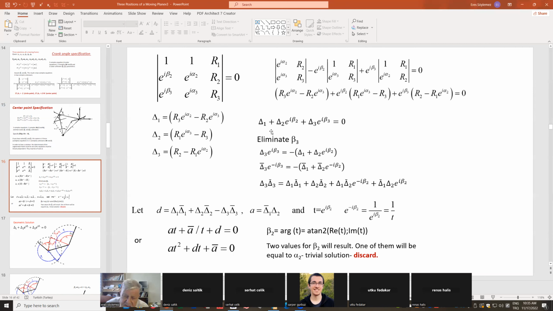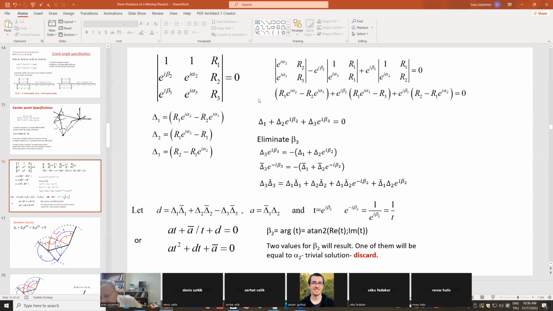When I expand this determinant, you see, in a way, I have eliminated W and Z. I have a simple one complex equation. This is a complex equation in terms of two scalar unknowns, beta 2 and beta 3.